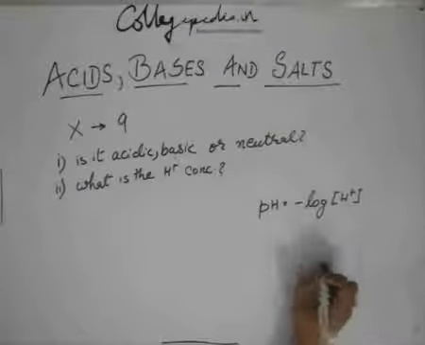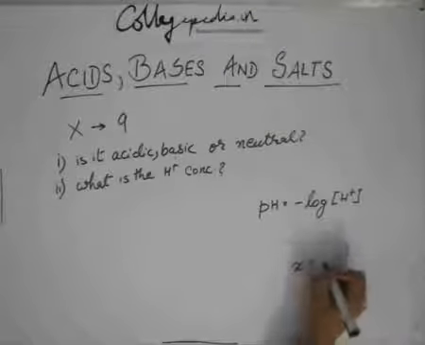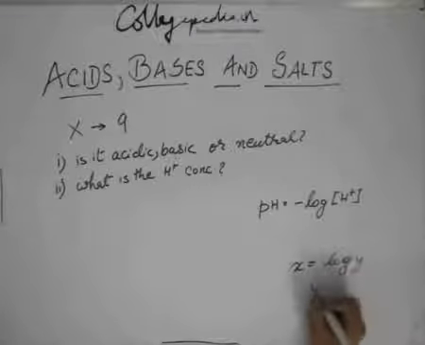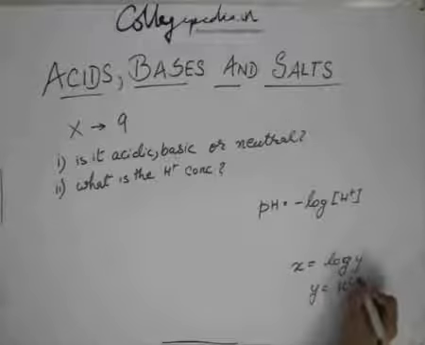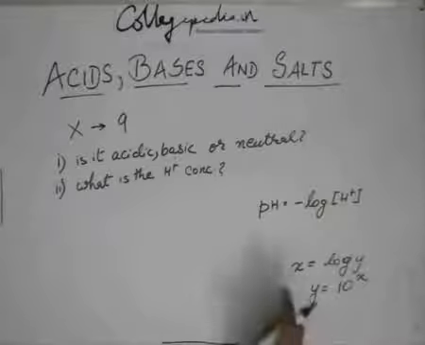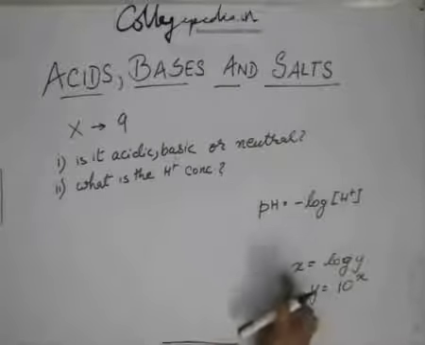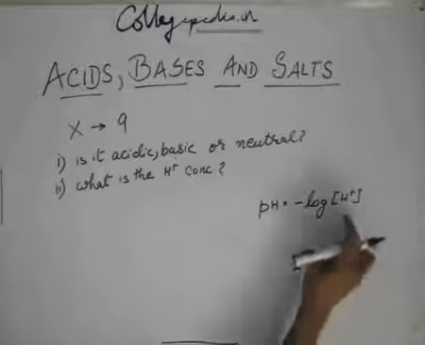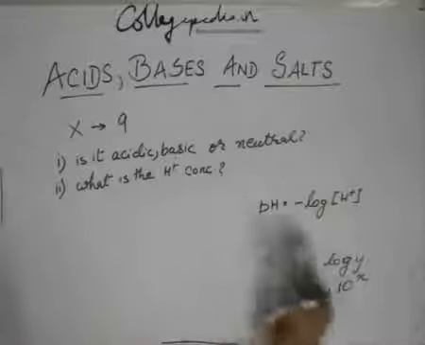And we have also seen that if X is equal to log Y, then Y will be equal to 10 to the power X. So here, X is the negative of the pH, and Y is the concentration of H plus.